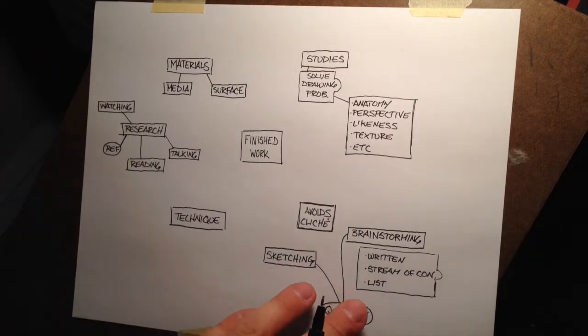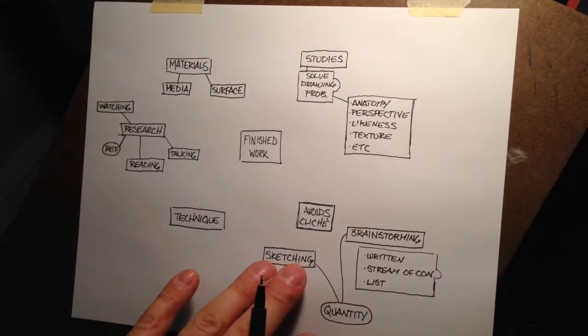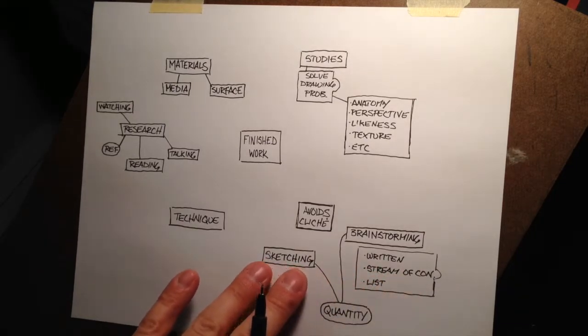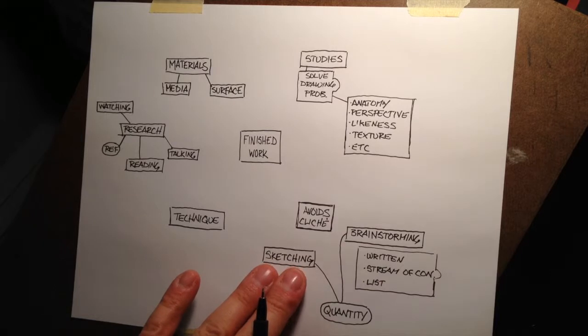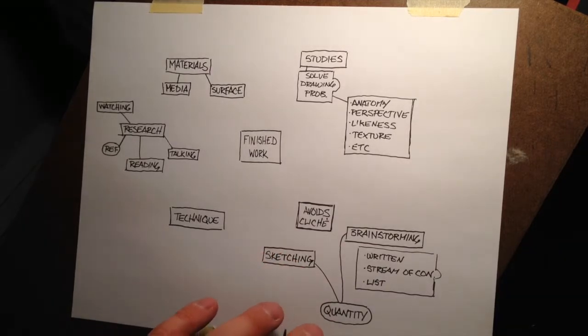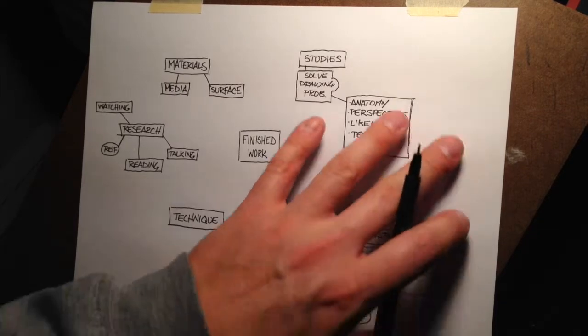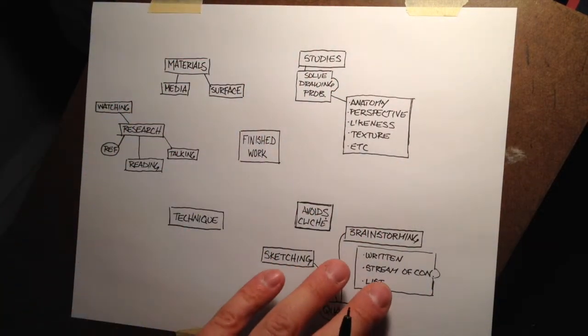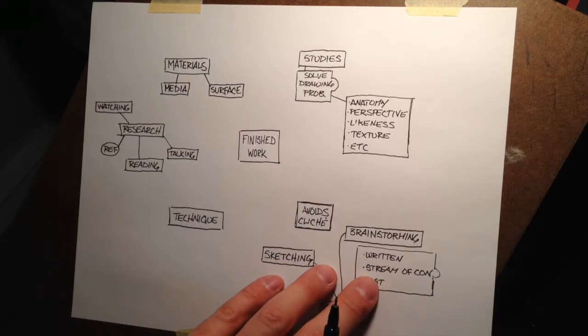So brainstorming, whether it be written or text-based or sketching-based, is really important. This really can't be stressed enough. I mean, all of these hold a lot of weight. This is a very important factor, and it's one that's neglected a lot.